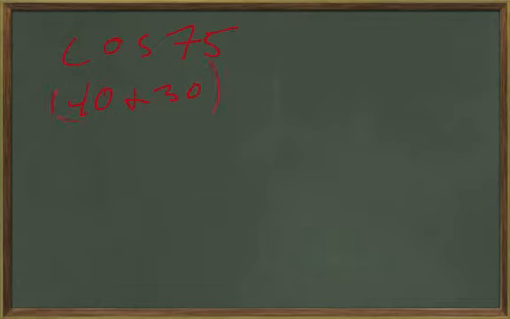So it's cosine of 45 plus 30. So what we have is cosine 45, cosine 30. Remember, this is plus, so we subtract sine 45, sine 30.